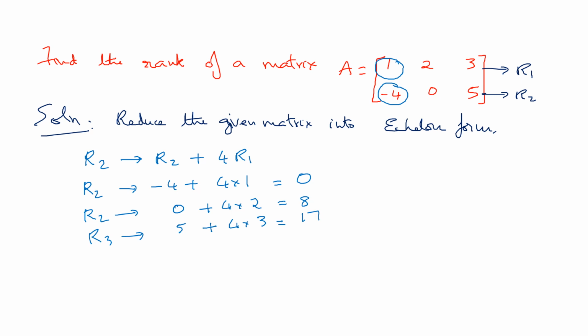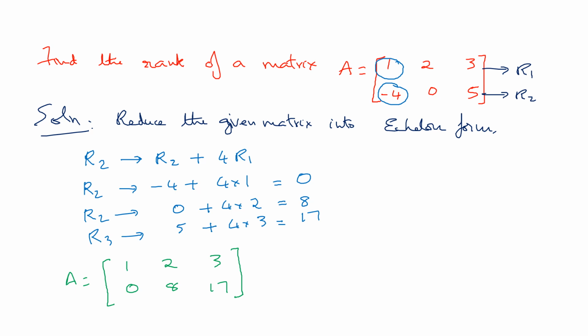Now what happens to the equation? Now you rewrite the equation. Matrix A is, first row we have not disturbed, right? 1, 2, 3. Here this becomes 0, 8, 17. Now is this echelon form? Yes, it is echelon form. Why? Because in the first row there are no zeros.